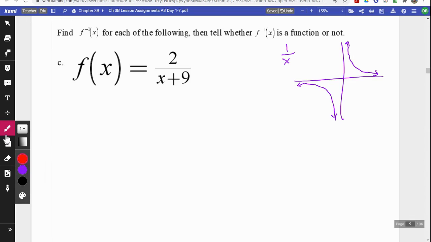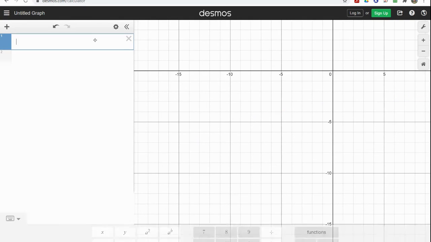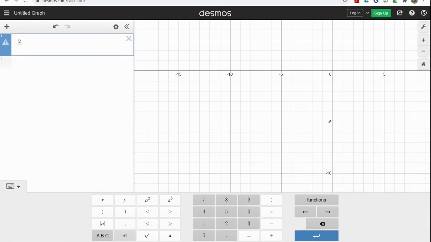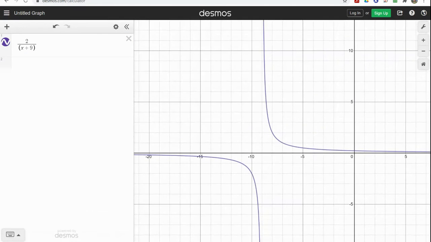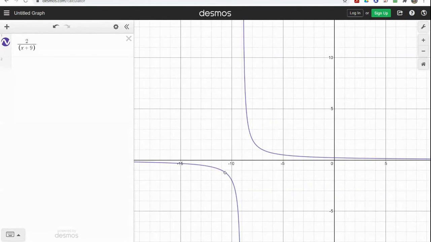We would just do the horizontal line test to this function, and we may want to get a glimpse of this on Desmos. 2 over x plus 9. You see it's over here, looks basically the same, translated. There is a dilation, but it doesn't appear very noticeably on the graph. And so if we did a horizontal line test, we're only going to cross the graph at any spot one time, wherever you draw a horizontal line. So it would appear right now that the inverse will be a function.